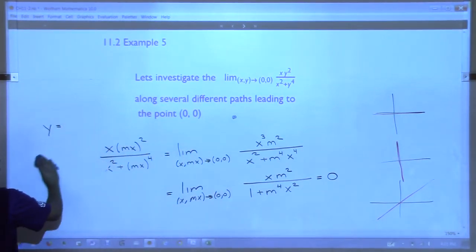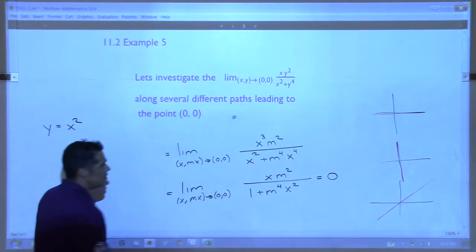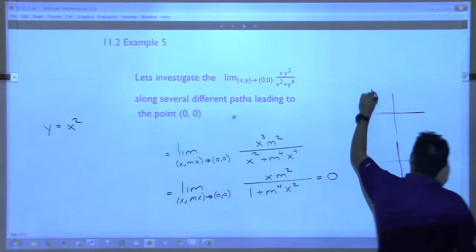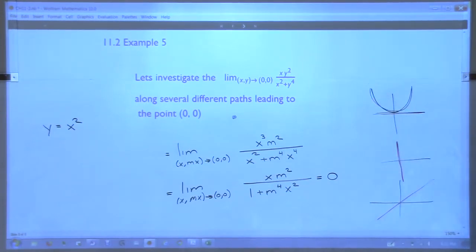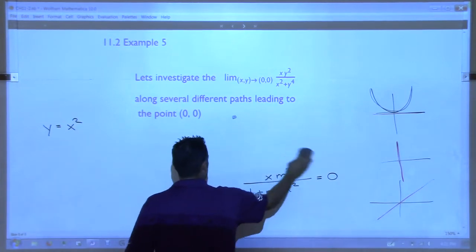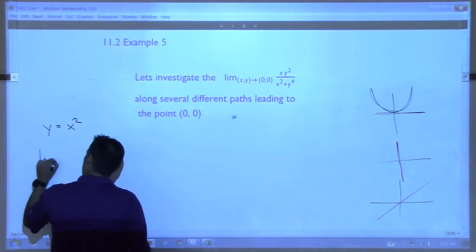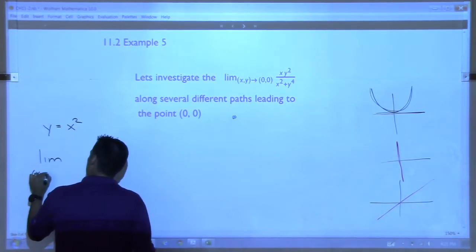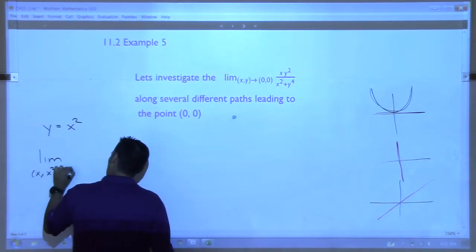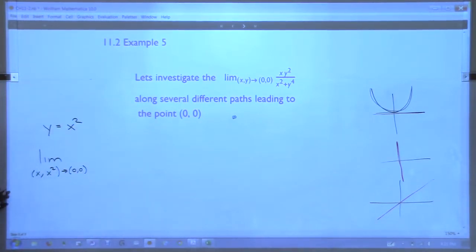You want to try y equals x squared? That means we would be approaching along this path, right? Let's try it. So I'm going to take the limit as (x, x squared) approaches (0, 0). I'm replacing all my y's with x squared.